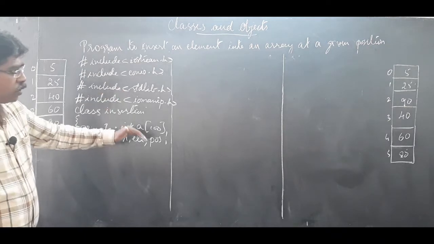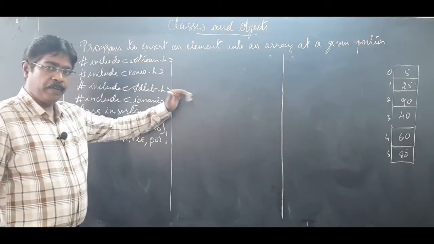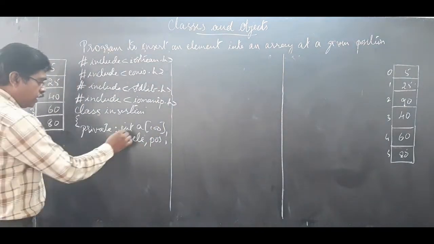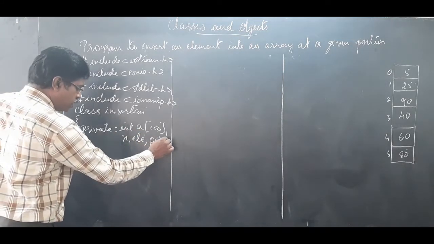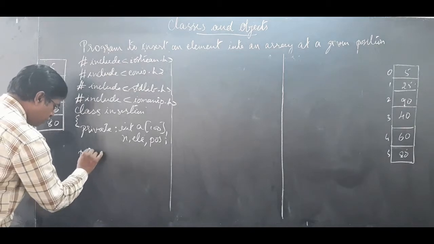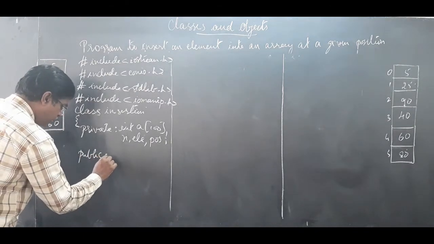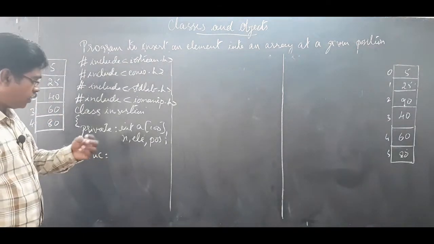Before I write this program, I have explained the variables that we are going to take. Int a[100], n, ele, POS semicolon, then public, the three member functions we need for input, the processing and the output.